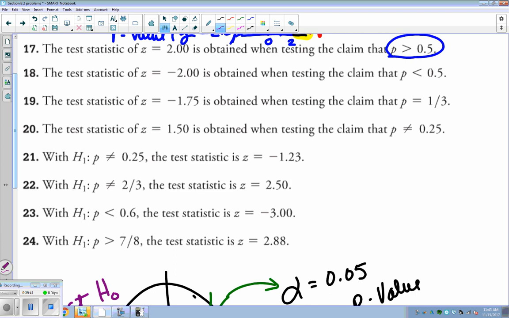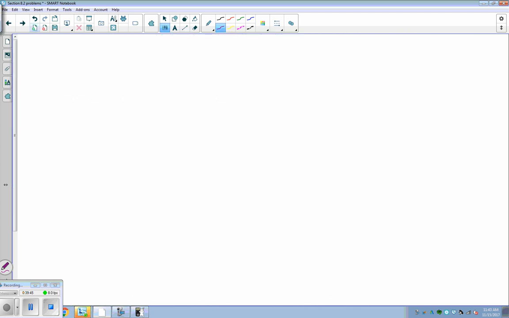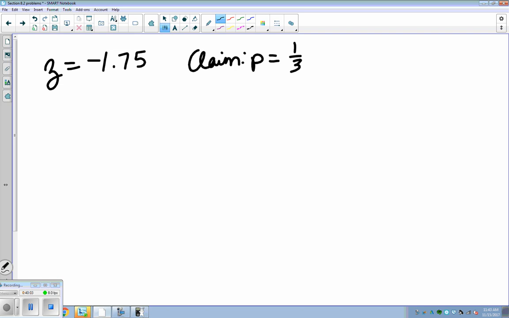I'm going to get to a new page because I know I'm going to need the room. Negative 1.75, is that right? And the claim was p is equal to 1/3? Okay.